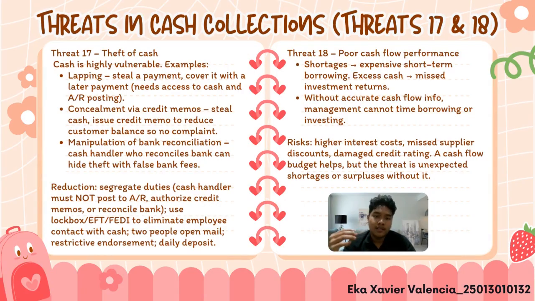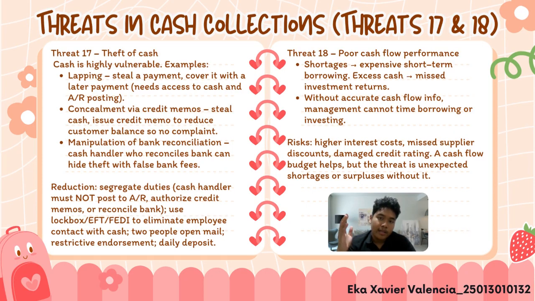Okay, now let's discuss the two major threats to cash collection. Threat 17 is theft of cash. Cash is highly vulnerable. There are several specific schemes. First is lapping. Lapping is when an employee steals a customer payment and then uses a later payment from another customer to cover the theft.